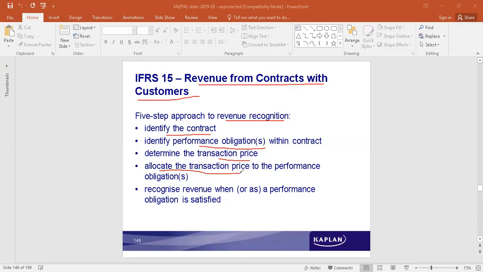When the performance obligation is met, fulfilled, satisfied, at that point of time, the revenue is said to be recognized. So the fulfillment of the obligation is the indication that revenue is to be recognized.